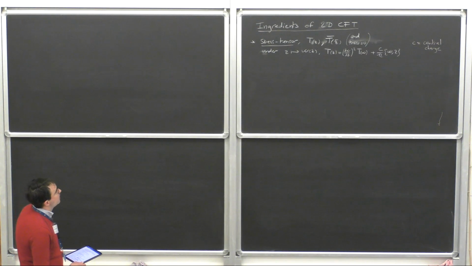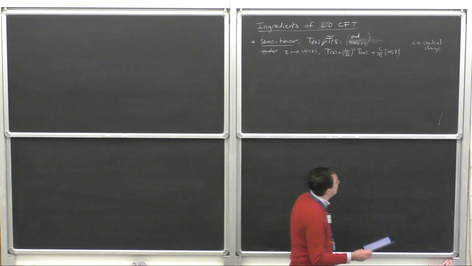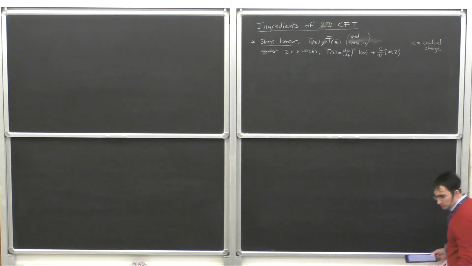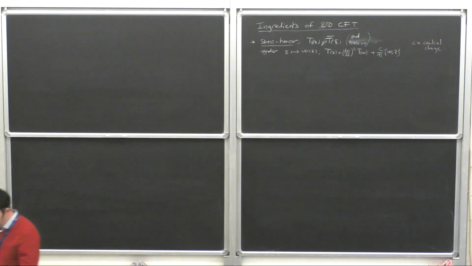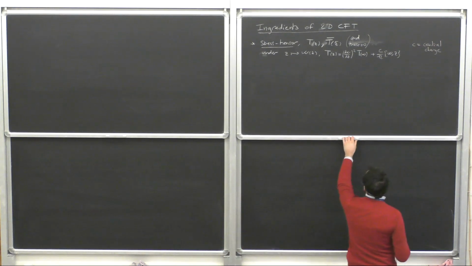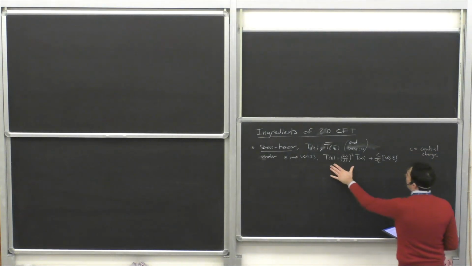And we saw that the first key ingredient, by far probably the most important ingredient, was the stress tensor. It obeys a particular transformation law under conformal maps, that it was transforming in this way.